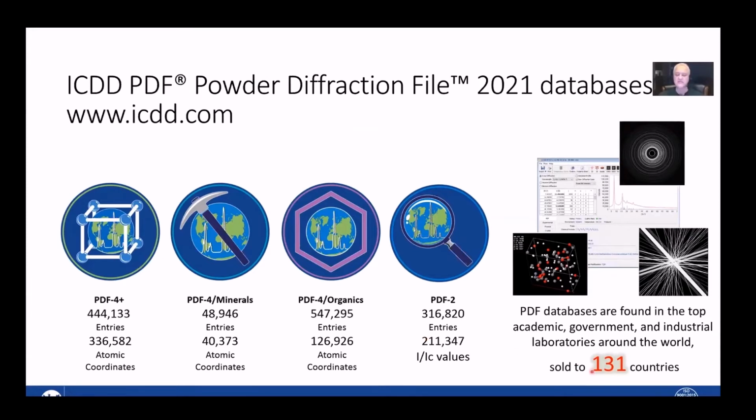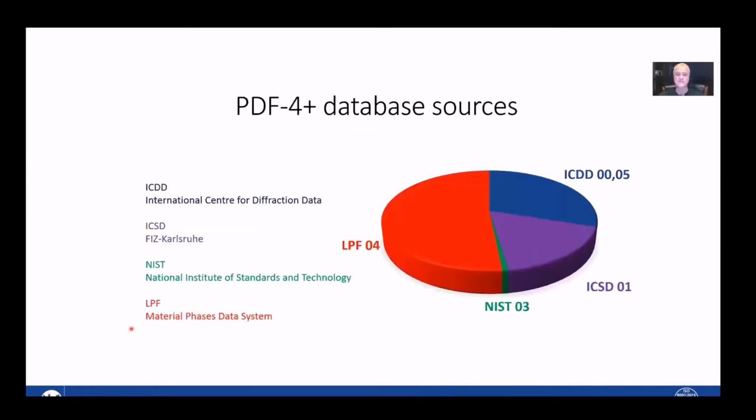These databases are sold in 131 countries. And the key, particularly with PDF-4+, is the number of atomic coordinates available in entries, with 444,000 entries total. 336,000 of those entries have atomic coordinates that can be used for Rietveld refinement and quantitative analysis.